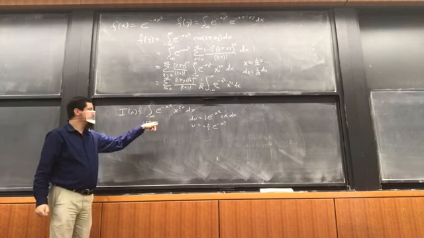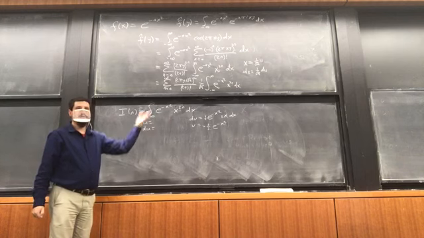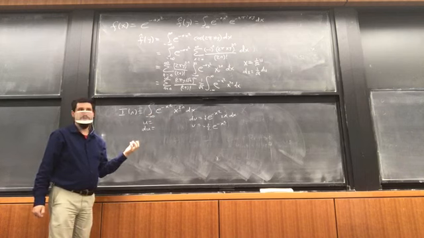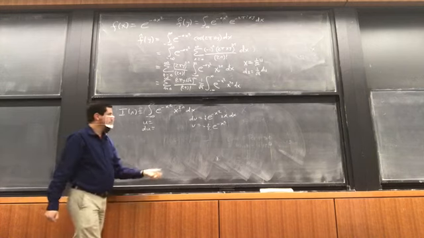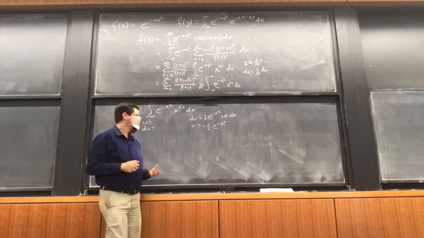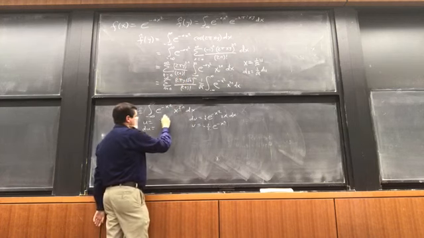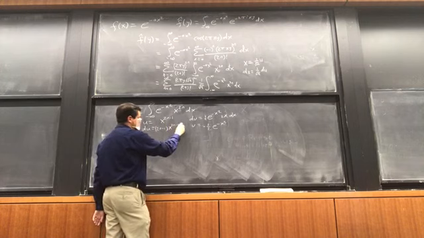If we had the e to the negative x squared as the u, when we take the derivative, we'll have a derivative of x squared coming down. And that's just going to make things worse. That's going to give us a power of x, and then when we integrate the x to the 2n, we're going to have another power of x that's going in the wrong direction. So now we would have an x to the 2n minus 1. We get 2n minus 1 x to the 2n minus 2 dx.